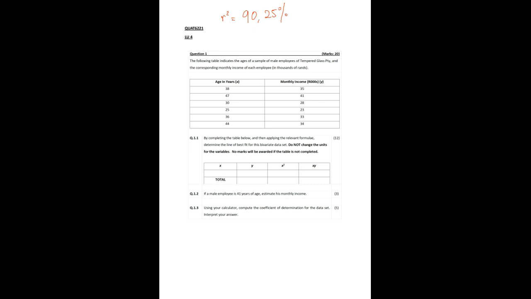So basically, whenever the X variable changes, it explains the change in the Y variable, because Y is dependent on X. The coefficient of determination tells you the extent of the variation.